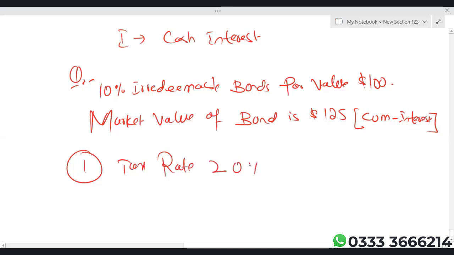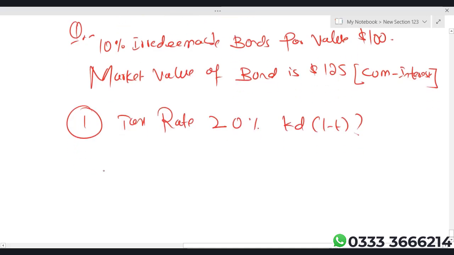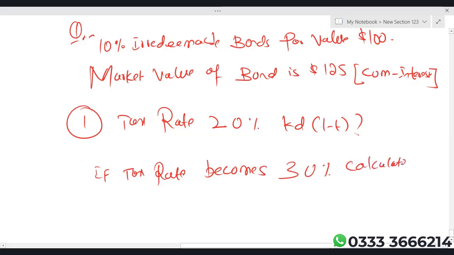Tax rate is 20%. Calculate KD1 minus T. If tax rate becomes 30%, calculate the impact on KD1 minus T.